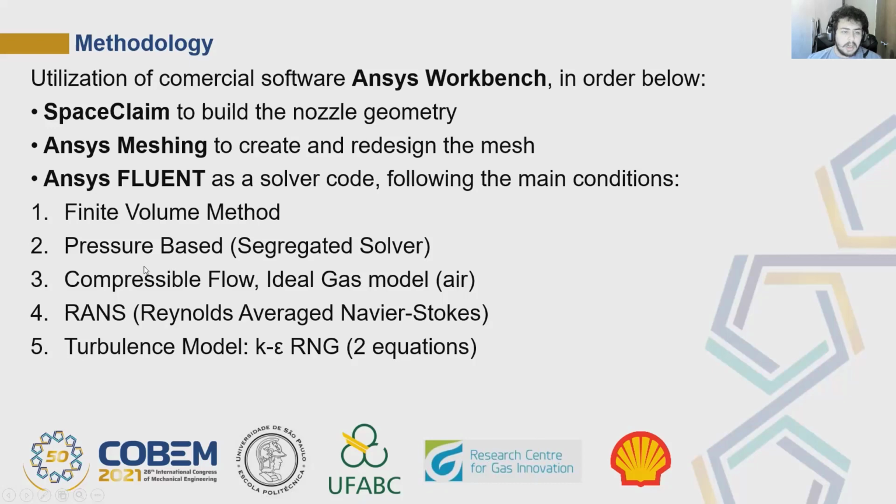Pressure-based is a segregated solver from CFD studies, right? The flow is compressible, and we used the ideal gas model for the air. And for the turbulence model, we utilized RANS, at last the k-epsilon RNG is the model that we used, okay?